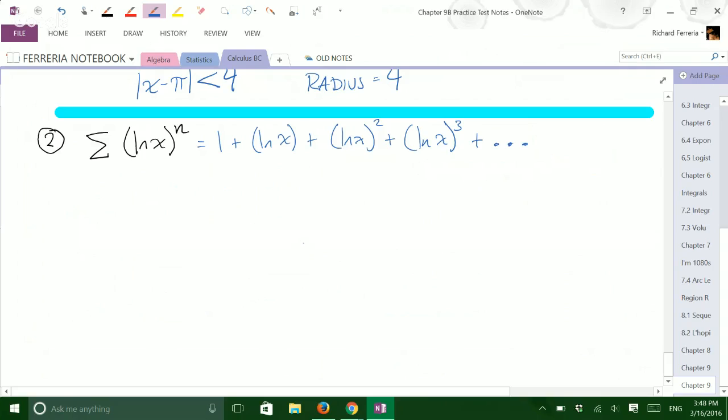So let's get an interval. We know that the absolute value of the ratio needs to be less than 1. And so the absolute value of the natural log of x needs to be less than 1. Let's remember a few things. First of all, for the natural log of x, x has to be a positive number.